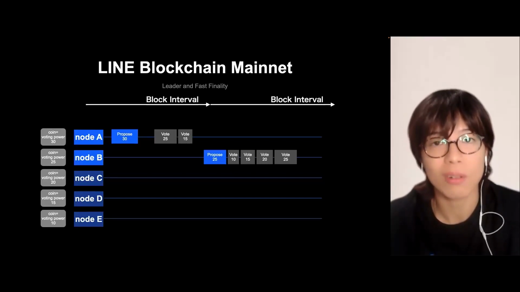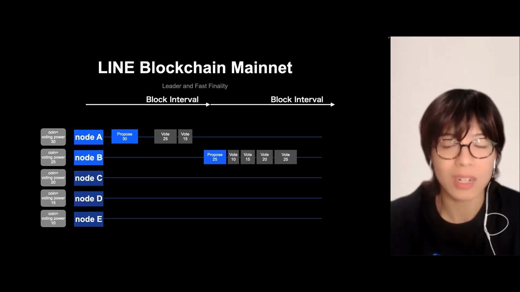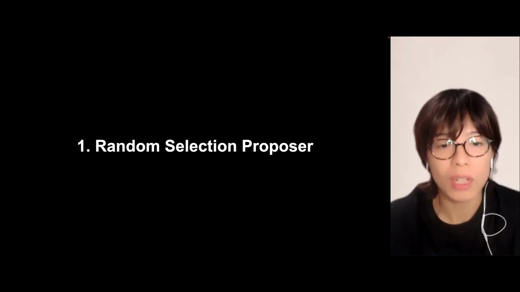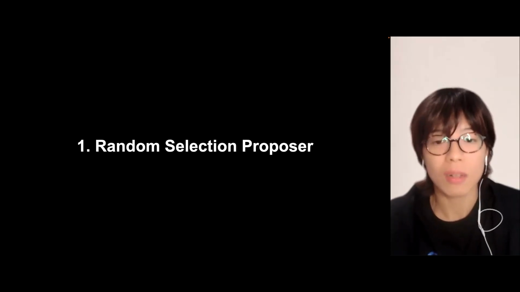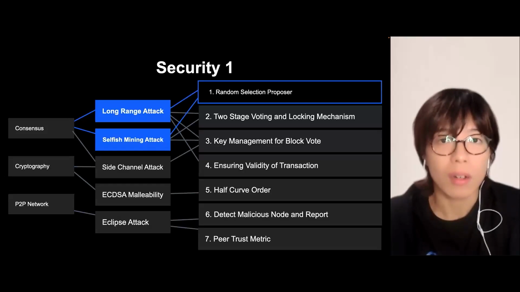I may be long-winded, but there are security risks, which I would like to cover from now on, with 7 security features. The first one is about the selection of the leaders, a random selection proposal.